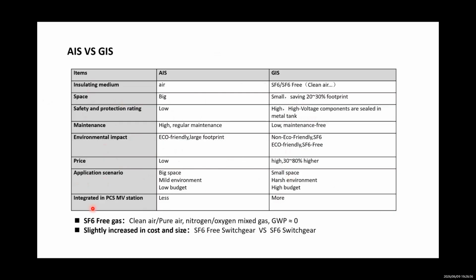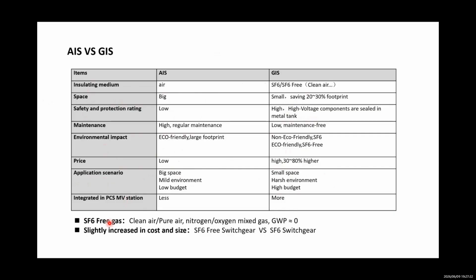For integration in PCS MV stations, as I mentioned, normally we will use GIS, because overseas battery energy storage systems need a small space, a harsh outdoor environment, and maintenance free operation to save labor cost. So these are some reasons for GIS being used in PCS MV stations.